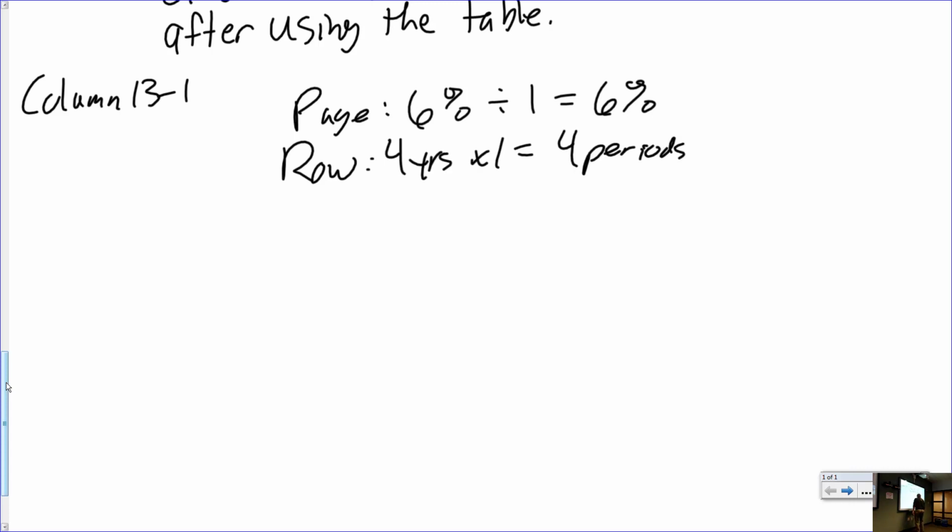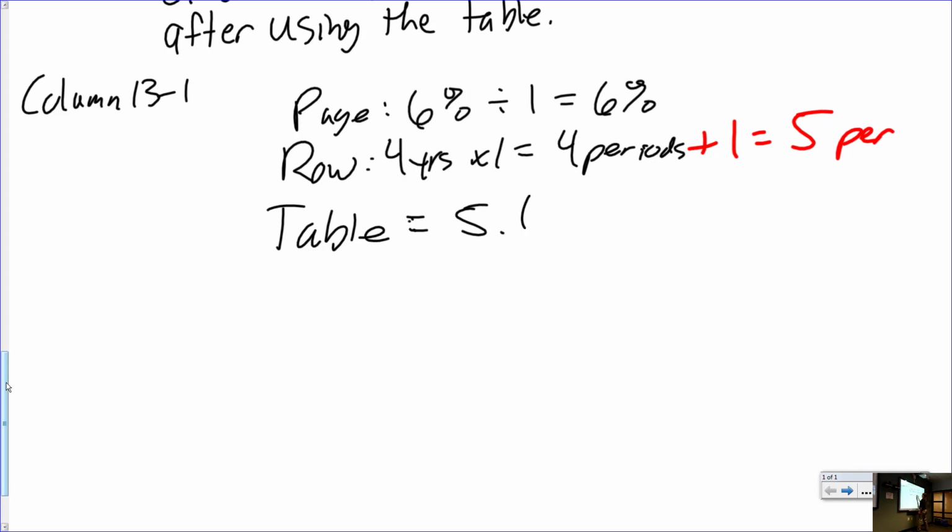But now, because we want to get the extra period, add an extra 1, okay? So the red is what we're doing because we're investing at the beginning, okay? So, now, instead of looking at row 4, look at row 5 for your table, folks. 5.6371. Multiply by your $4,000, because that's how much you invested every period.